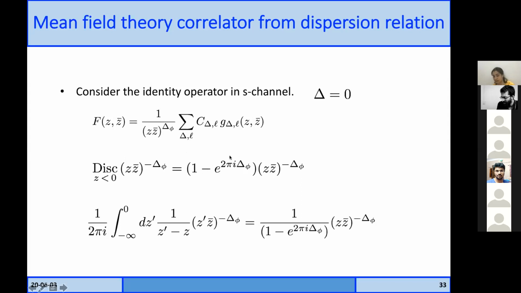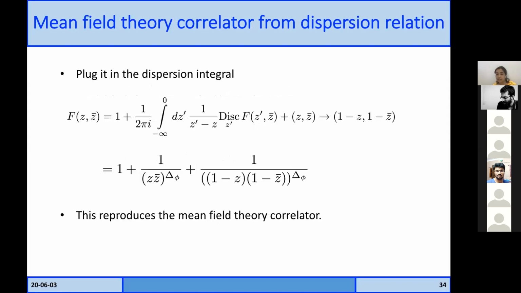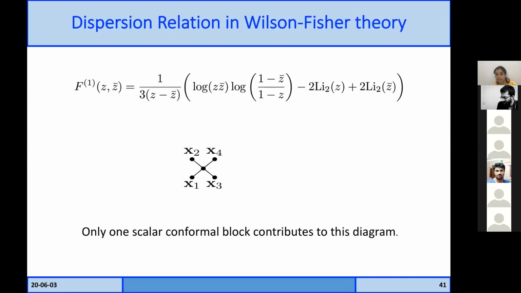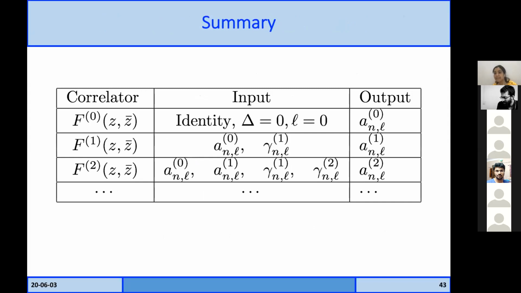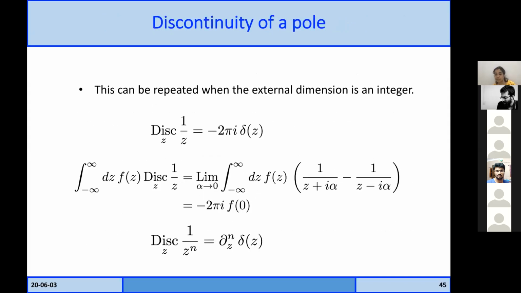Because this is 1. So the next order will be important, it's not leading. Yes, that's true. Then the discontinuity still holds, because if you have poles, the discontinuity is like a delta function.